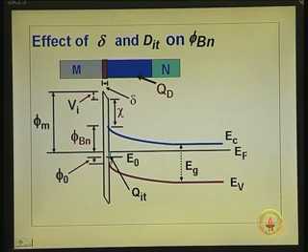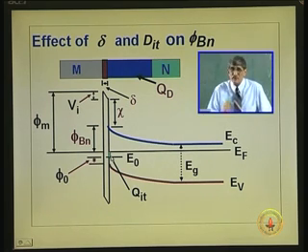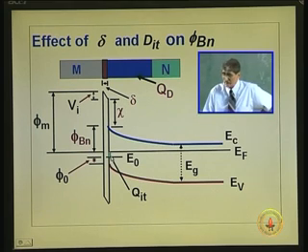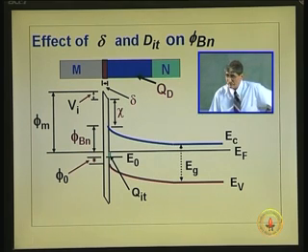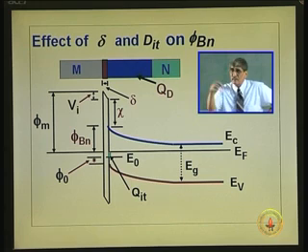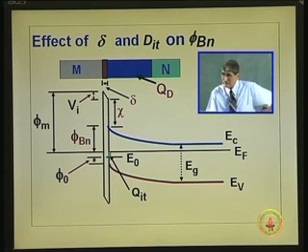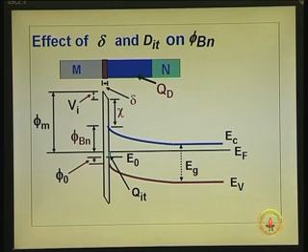Above E naught all the levels are acceptors, and from E naught up to E F, part of them are acceptors with DIT number per electron volt. They are acceptors which are occupied, and when they are occupied they are negative. When they are not occupied they are neutral. Acceptor level is occupied with an electron. So, how much is the charge?